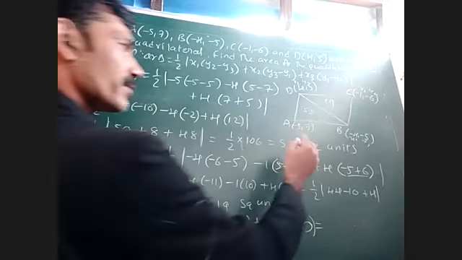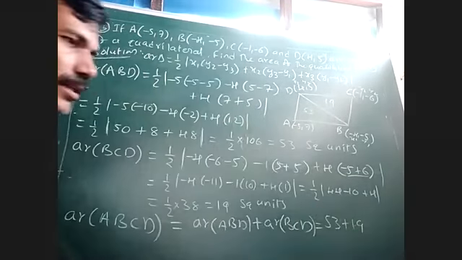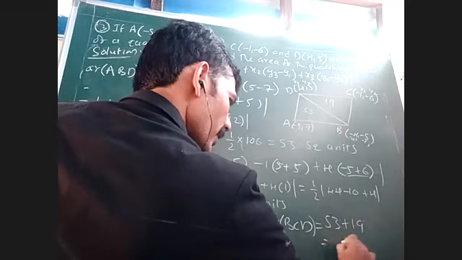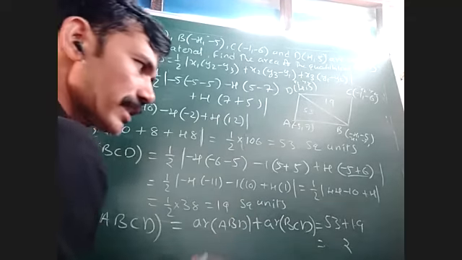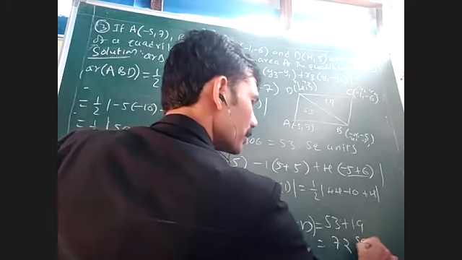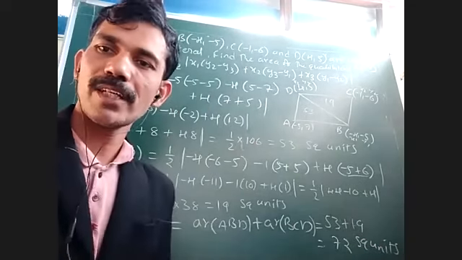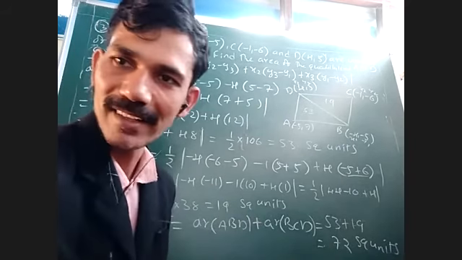So that is 53 and this is 19. If you add ones place, you get 12. If you add tens, 1 is carried forward. Tens place, 6 plus 1, 7. So 72 square units we got. This is the way to find the area of the quadrilateral when all 4 vertices are given. Thank you.